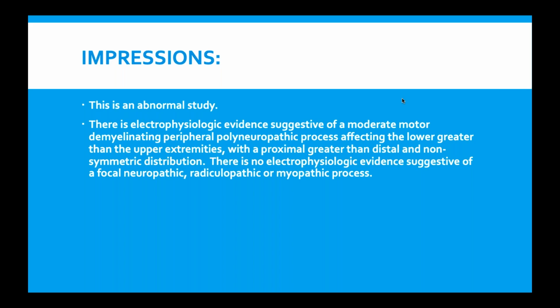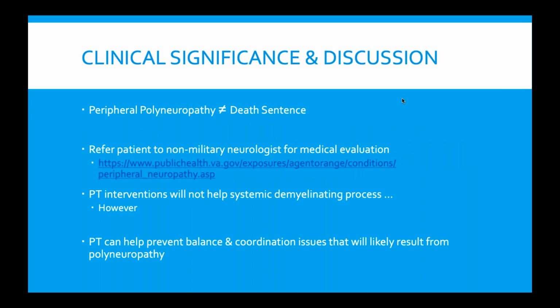So what does that mean clinically? A lot of times, people are hesitant to label a patient as having a polyneuropathy because they think it's a really bad thing. Except for one instance, polyneuropathies don't really mean that it's a death sentence.